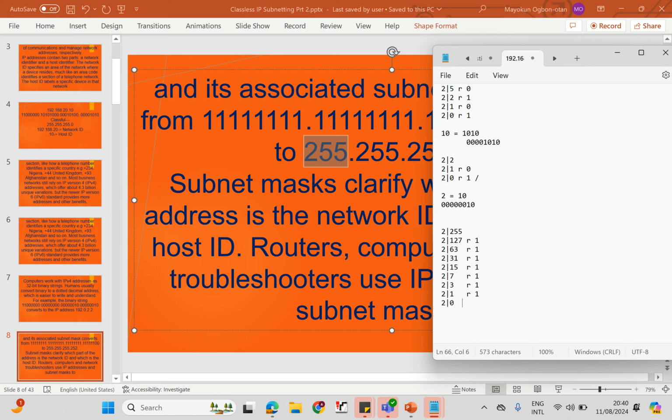We move the 1 out. So you can see that 255 is equal to 1, 1, 1, 1, 1, 1, 1, 1.